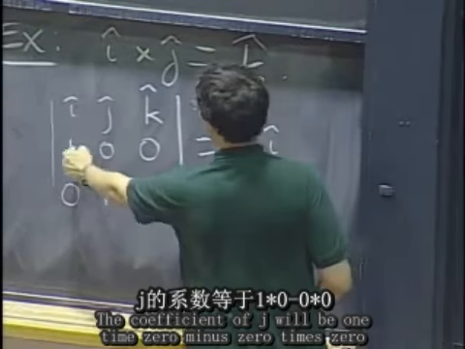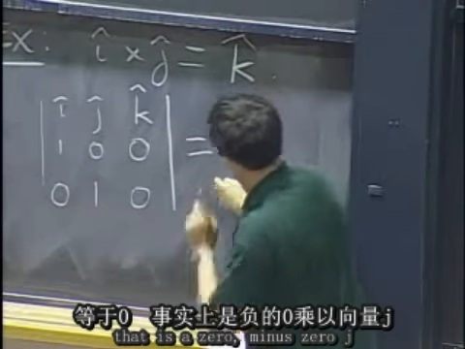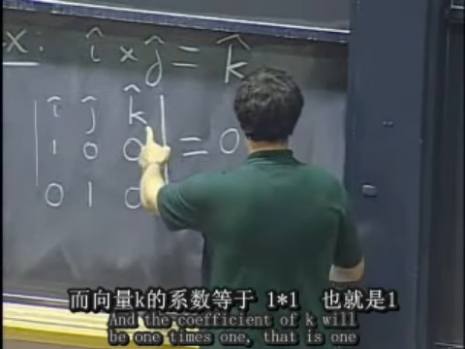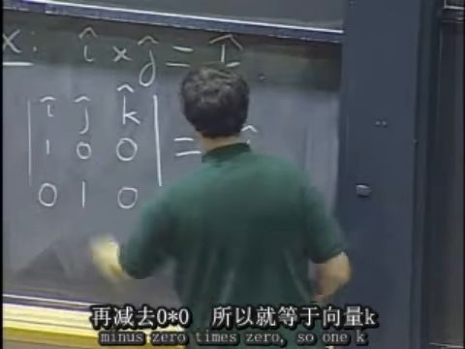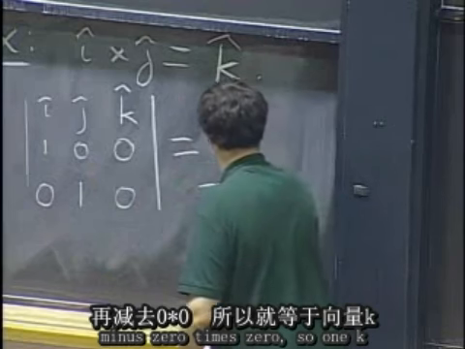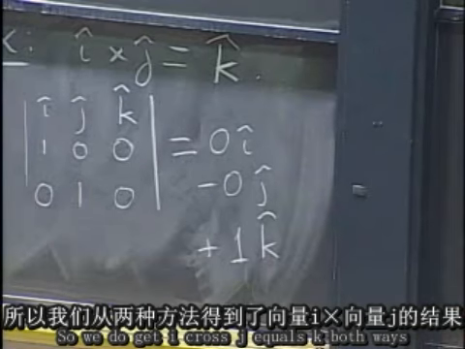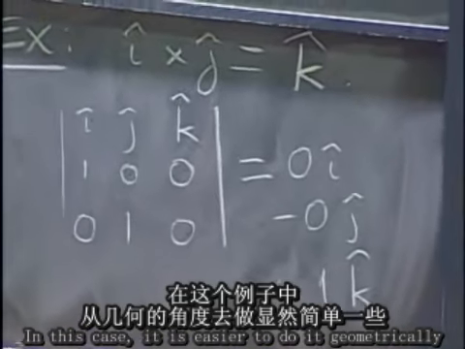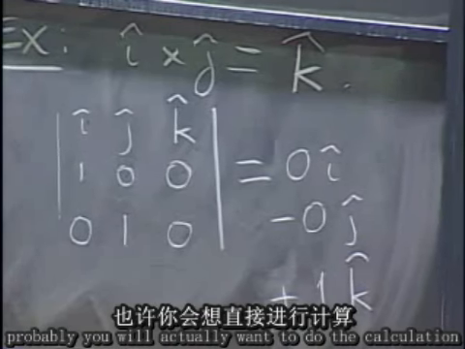Coefficient of J will be 1 times 0 minus 0 times 0, that's 0, minus 0J, doesn't matter. And the coefficient of K will be 1 times 1, that's 1, minus 0 times 0, so 1K. Okay? So we do get I cross J equals K both ways. In this case, it's easier to do geometrically. If I give you more complicated vectors, probably you will actually want to do the calculation.